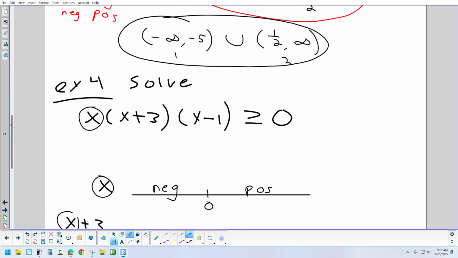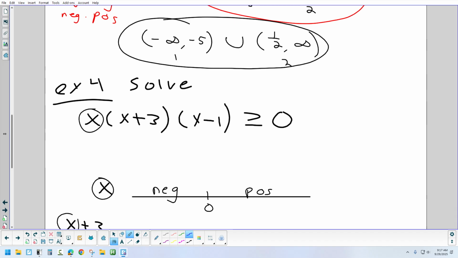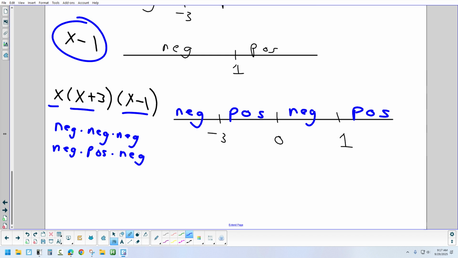And now we are looking for where we are greater than or equal to 0. How many sections on that number line for the final answer give us a result greater than or equal to 0?